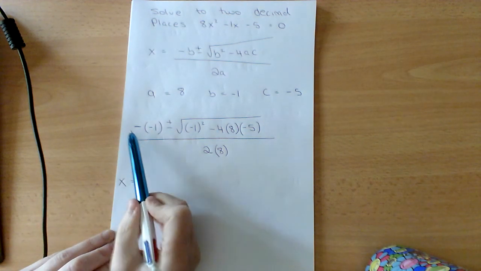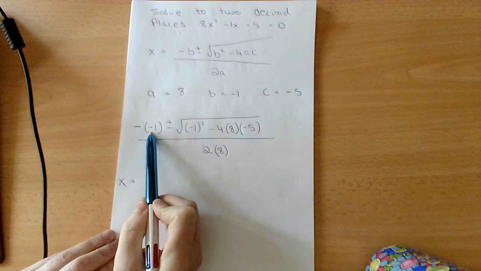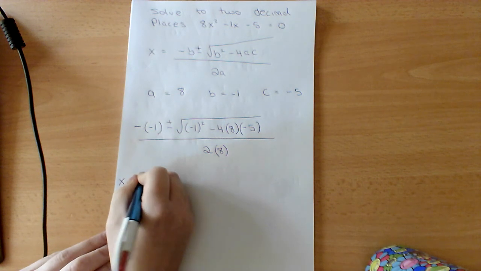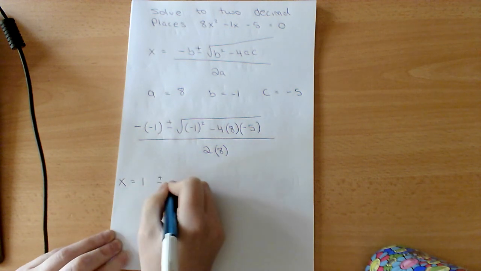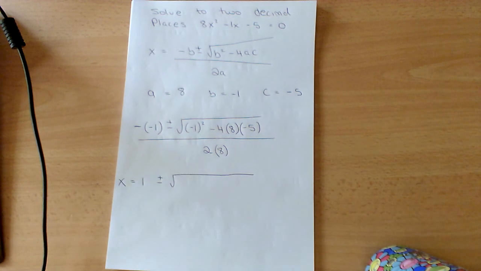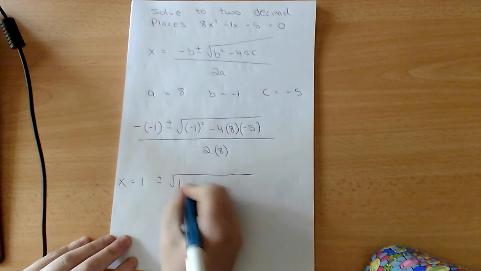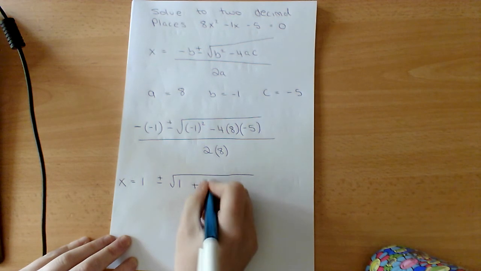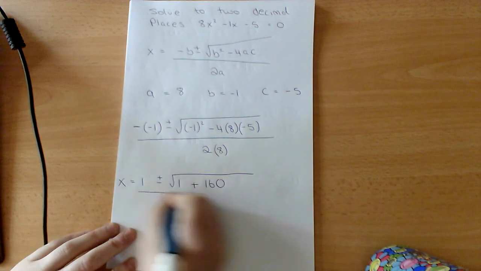So I have x is equal to minus by minus will give me plus, so that's 1, plus or minus the square root of (minus 1) squared, minus 4 times 8 times minus 5, which gives me plus 160, all over 2 times 8, which gives me 16.